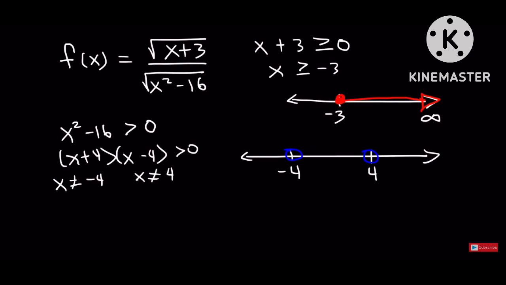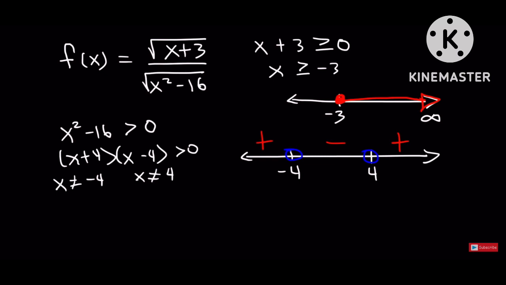Now let's plug in some numbers. So if we plug in a 5 to check the region on the right, 5 plus 4 and 5 minus 4 are both positive, and they multiply to give you a positive result.